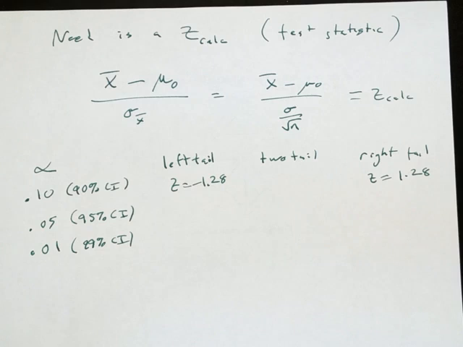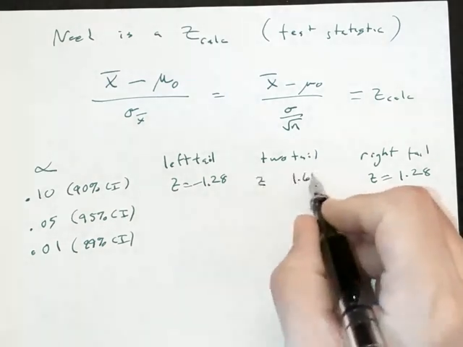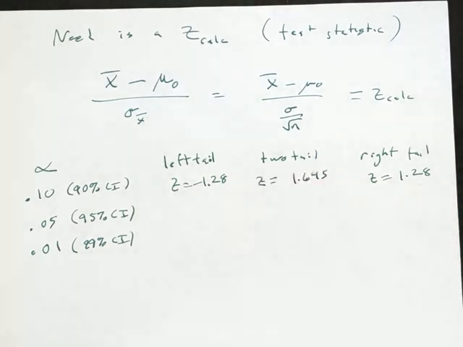That's right between 1.64 and 1.65, so I'm going to use 1.645. But notice, half of it's on the left, half of it's on the right, so there are actually two numbers for the two-tail test. That middle number looks awfully familiar, doesn't it? I've seen that one all over the place. We're going to use those a lot.